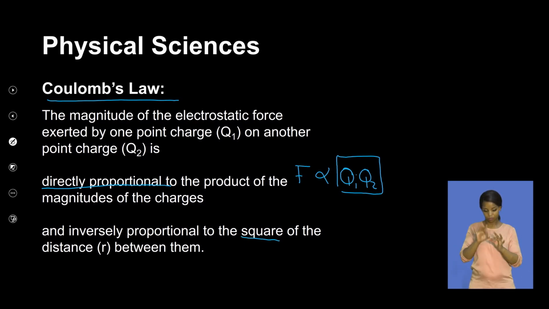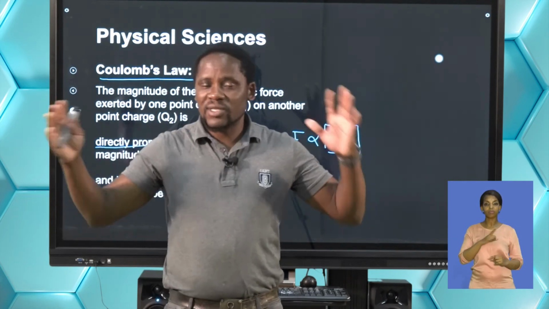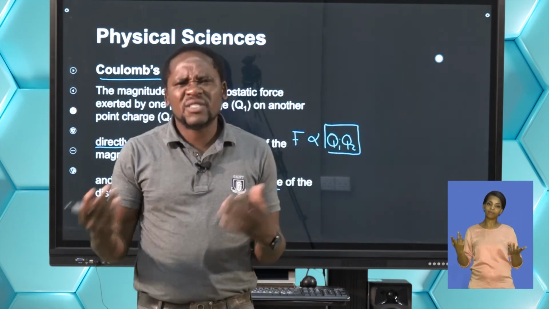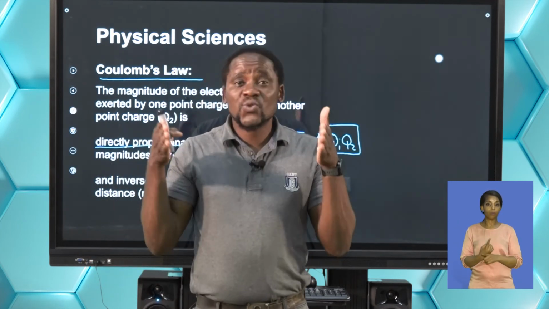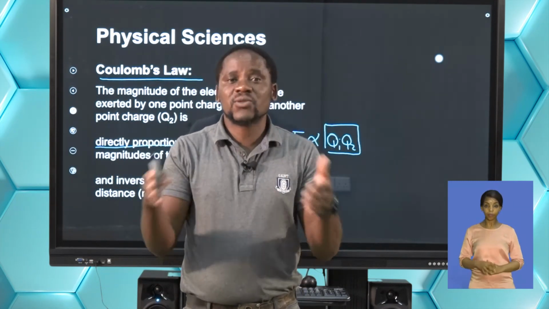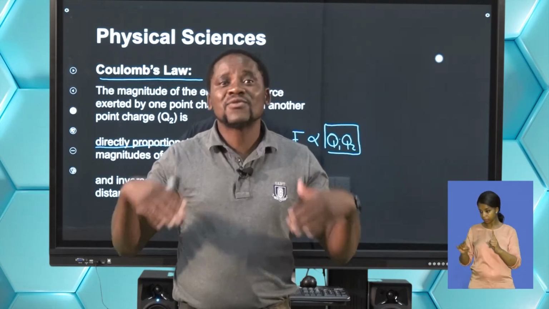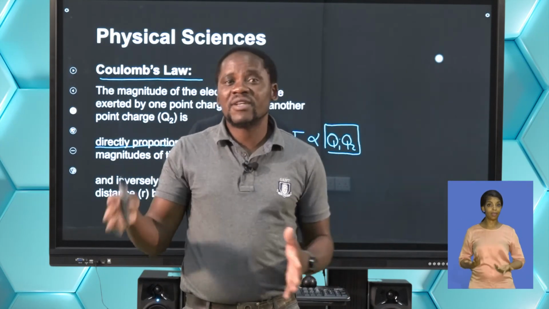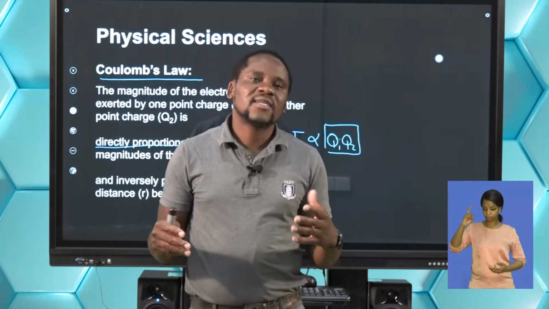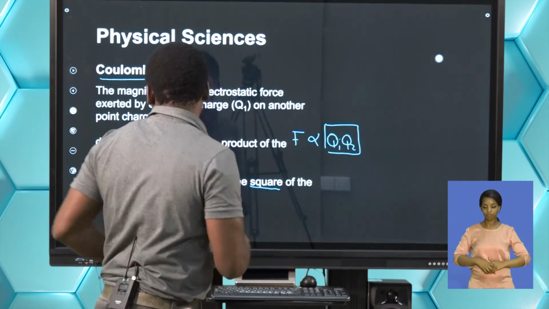Take note, square of distance is different from square root. That is one of the things that obviously comes up. If we talk about the square of the distance, in this case it's r squared, which is totally different from square root. So we need to have a clear distinction between those two. So here, what are we saying?